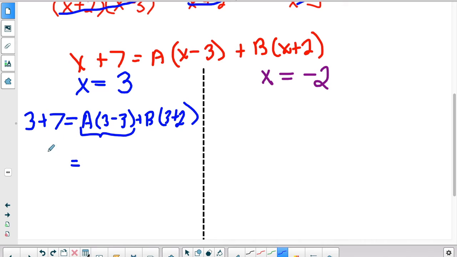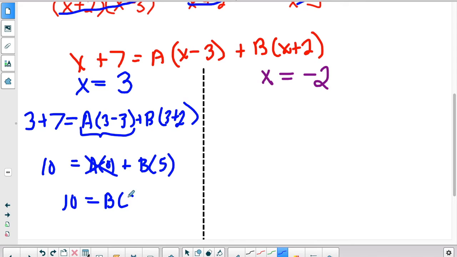Now when we simplify, 3 plus 7 is 10, then we get a times 0 plus b times 5. So by picking 3, 3 minus 3 gave us 0, so a is going to cancel out. And what I'm left with is 10 is equal to b times 5.